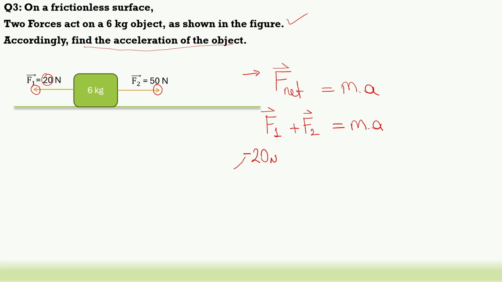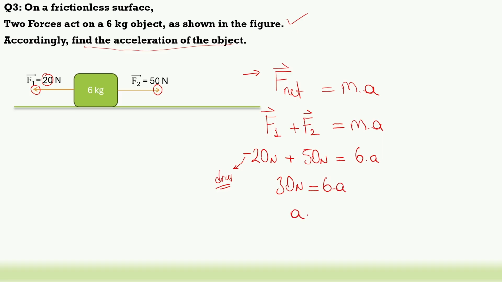This minus shows us the direction. Okay, plus F2 is 50 Newton and in the positive direction, so I am writing in the equation plus 50 Newton. This equals m times acceleration. M is 6 kilograms, 6 times acceleration. So from here, minus 20 plus 50 equals 30 Newton equals 6 times acceleration.